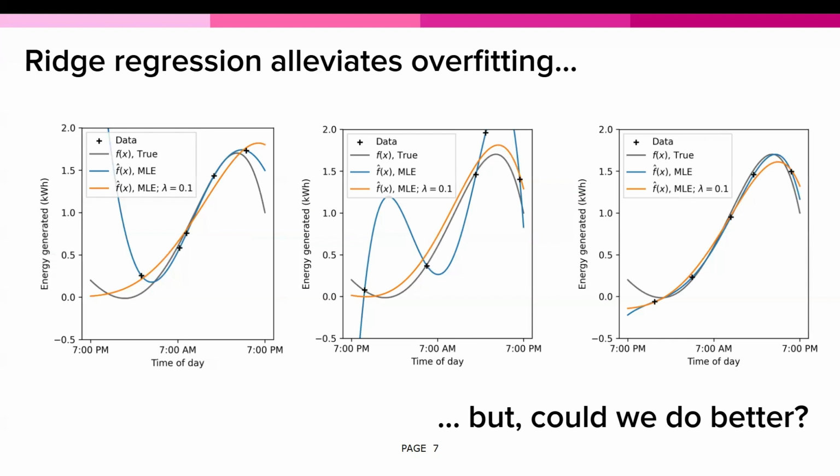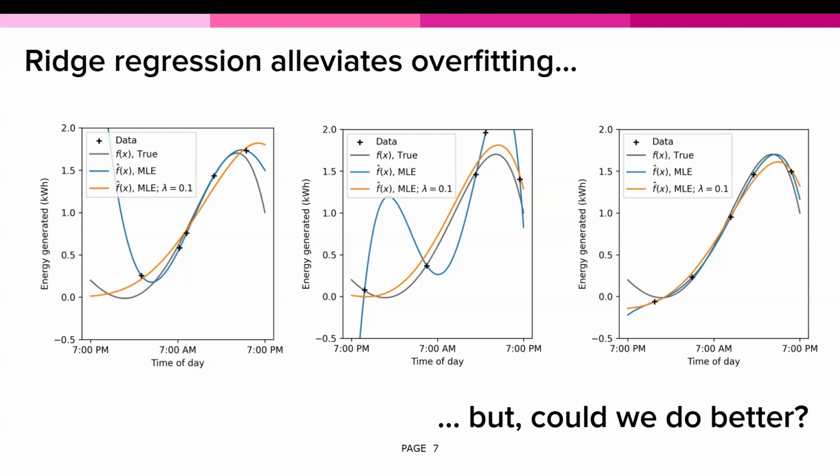But in ridge regression, we're simply penalizing the weights uniformly. So we might overlook domain-specific information that we could have actually incorporated into our estimation process. So this can limit ridge regression's effectiveness because it's going to treat all features as equally important, because it assumes that all weights should be penalized in exactly the same way.